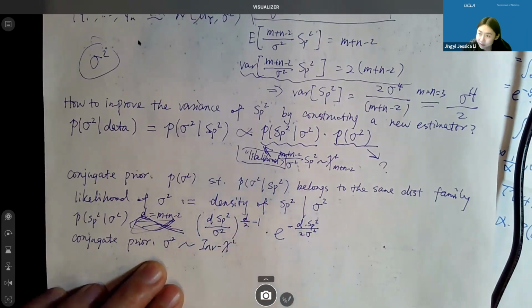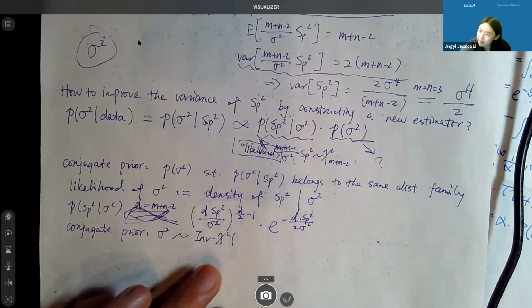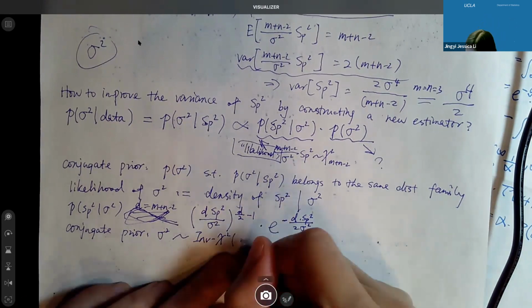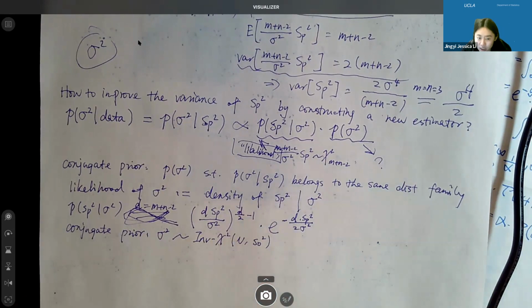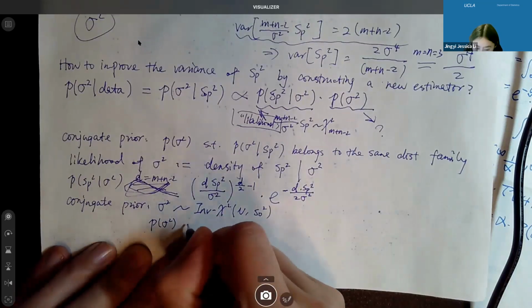This inverse chi-square involves two parameters, v and s0 squared. I think it can also be called inverse gamma, but either one would work. So it has two parameters in the prior, and in Bayesian statistics, we often call those prior parameters hyperparameters. Under this distribution, the corresponding prior density would take this form.